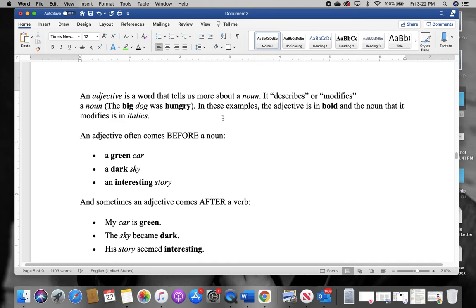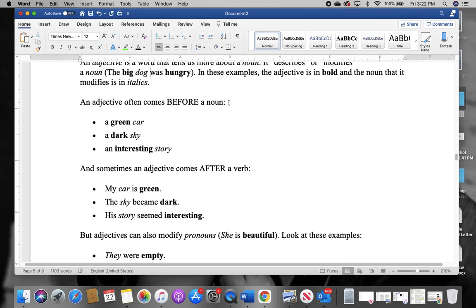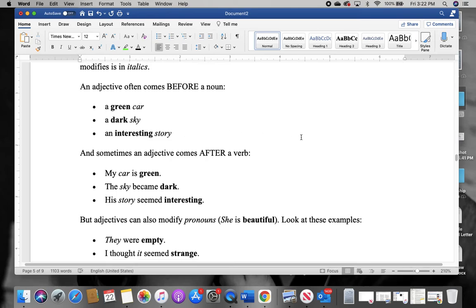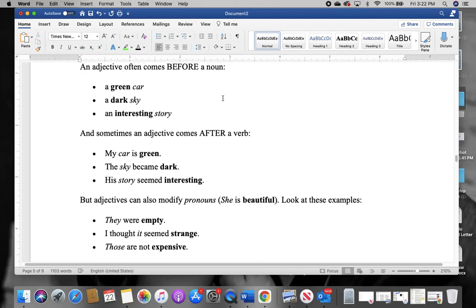We know it's not a small dog. So again, the adjective usually comes before a noun to describe that noun. You can say the green car. These are just some examples: dark sky, interesting story. Sometimes it can come after a verb.